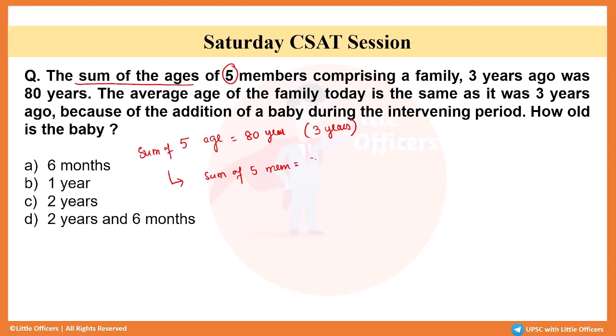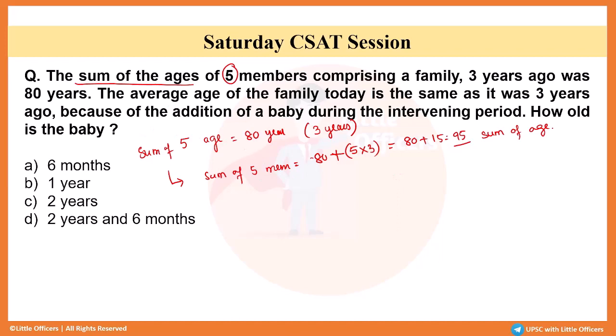It will be 80 plus, as all these 5 members might have gained 3 years each. So 5 into 3, 80 plus 15, 95 years is the present sum of ages. Please remember this, the sum of ages of all these 5 members. But here another condition is given.